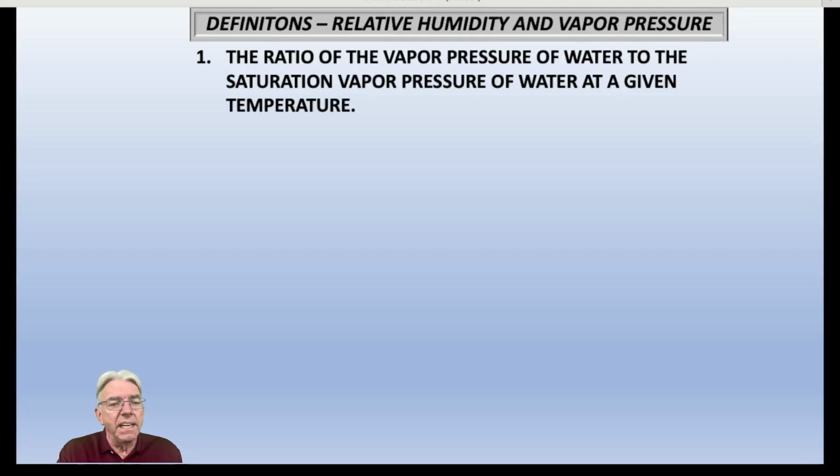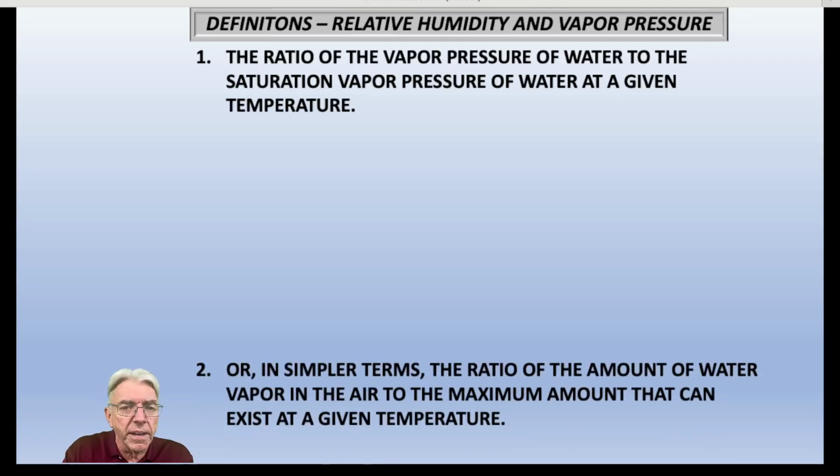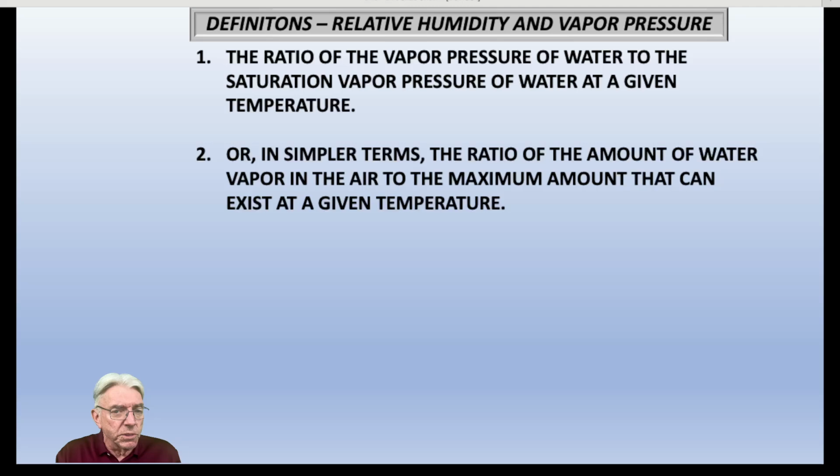Okay, now we're going to get into what vapor pressure is and the difference between regular vapor pressure and saturation vapor pressure and all that stuff in just a second. But that is the official definition of relative humidity, the vapor pressure compared to the saturation vapor pressure. Okay, now in simpler terms, it's simply the ratio of the amount of water vapor in the air to the maximum amount that can exist at a given temperature.